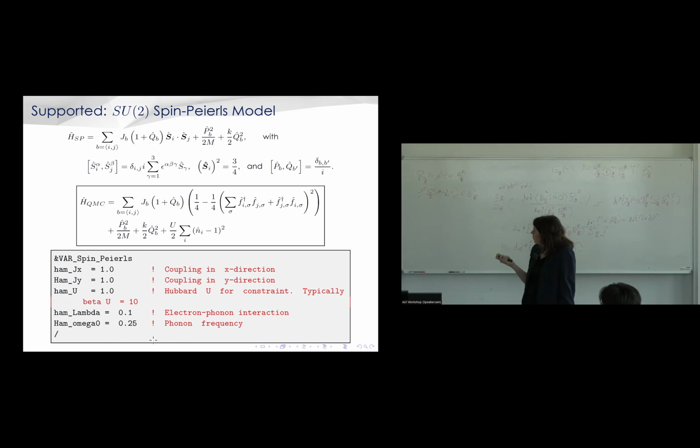And then this is the newest class, this spin pyrals model, which is specifically for SU2, the square lattice. And this is the one where you can have spin degrees of freedom, or sorry, bosonic degrees of freedom, that are continuous, interacting with fermionic squares.